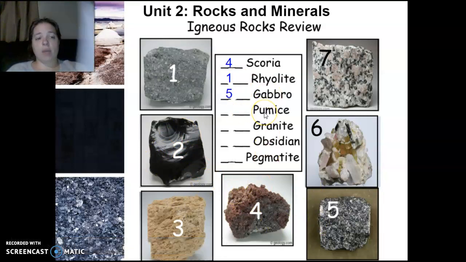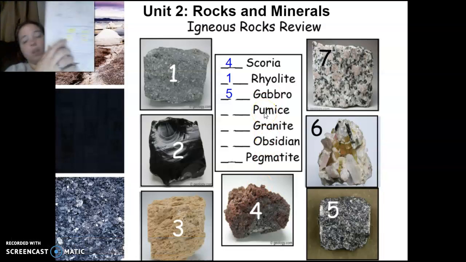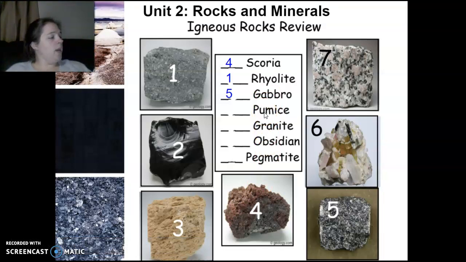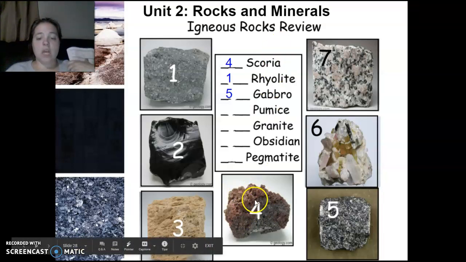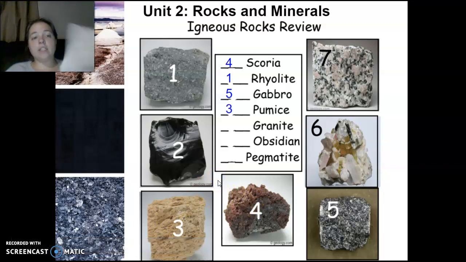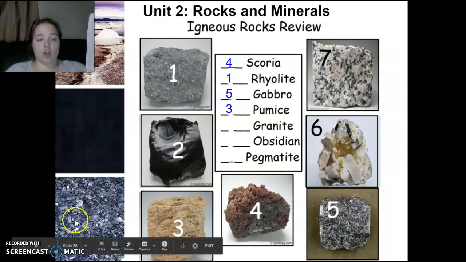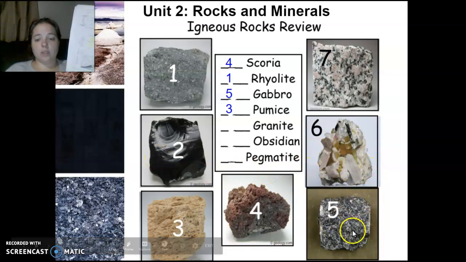Well, let's look at pumice. Pumice is light, and it tends to be the opposite of scoria. This is scoria with the pockets. The light side right over here at 3. Granite is the light side to Mr. Gabby Gabbro, which, this is gabbro, by the way. So number 5, it's the opposite of 5. Which one looks like the opposite of 5 that we haven't used yet? We're left with 2, 6, or 7.